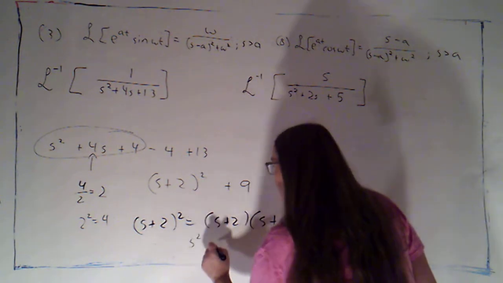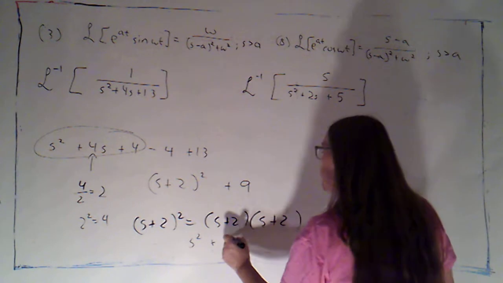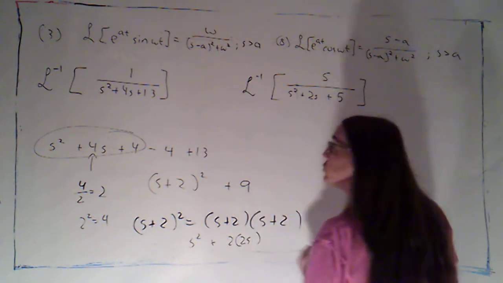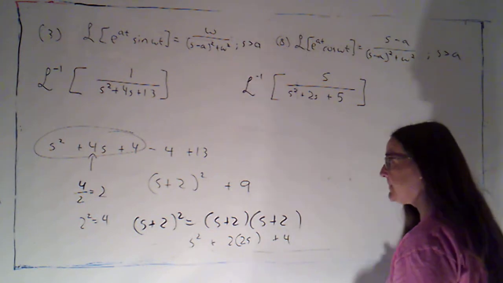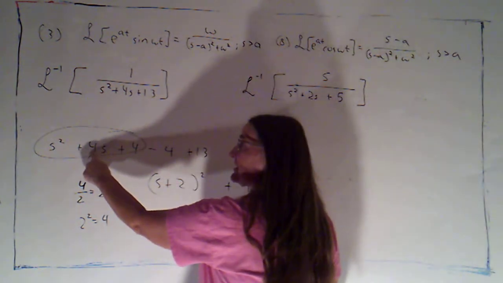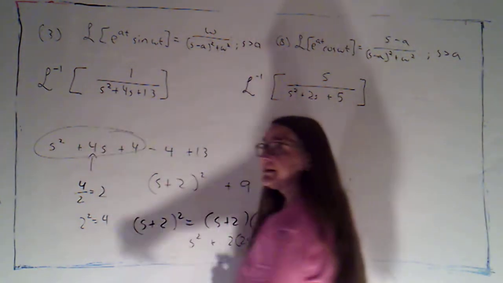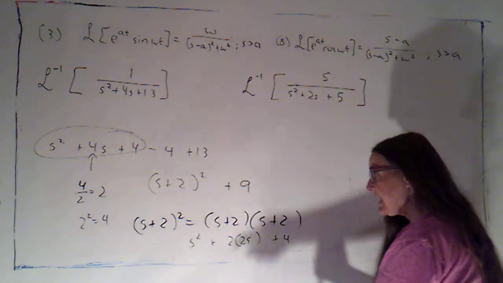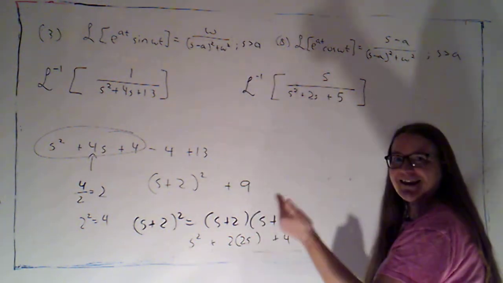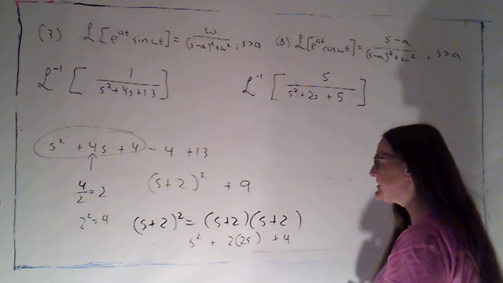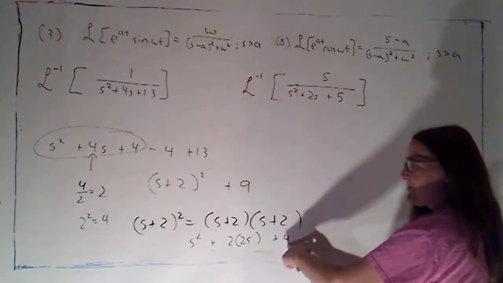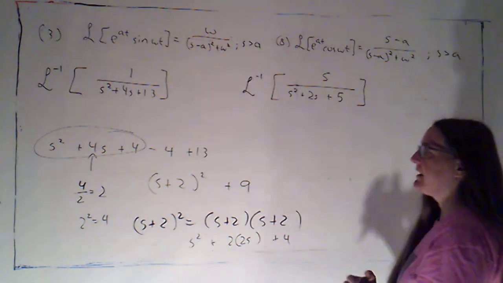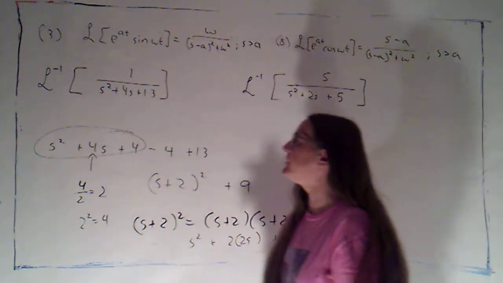So I would get s squared plus 2 copies of 2s plus 4. Okay? So the reason we cut this 4 in half is because I wanted to say that was 2 copies of this number times s. I needed to know what that number was, and then whatever that number is, that's the number that I square to get the third term in this trinomial here.